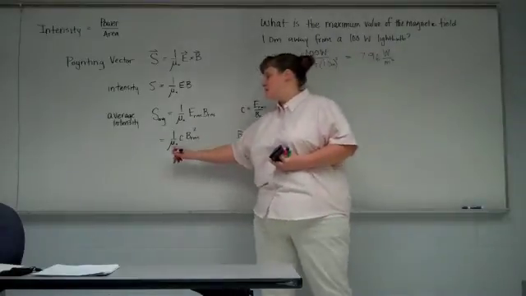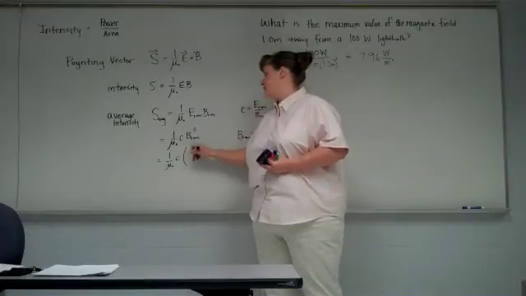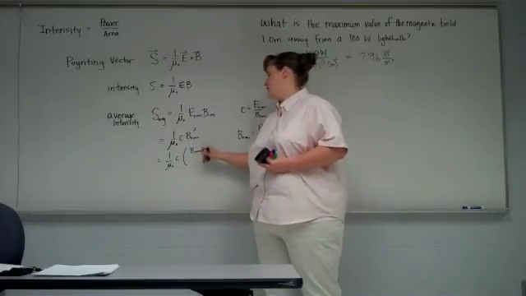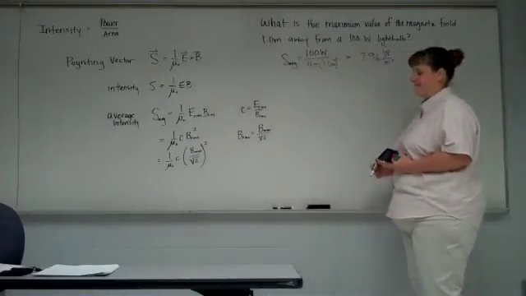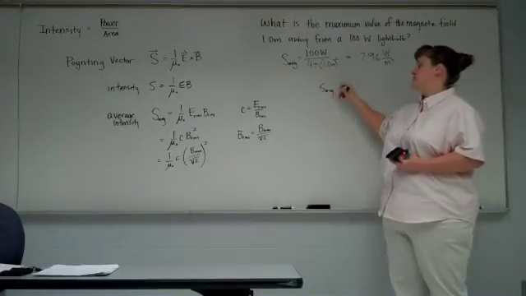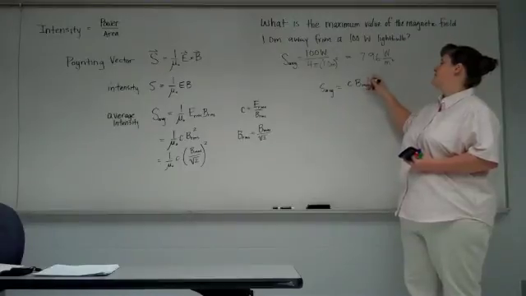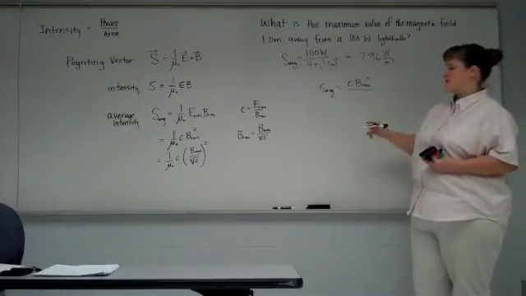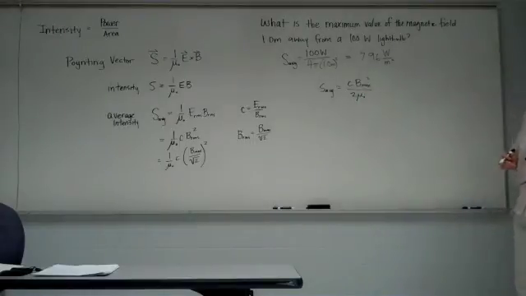So if we put that in here, basically we find that S average is equal to c times B max squared over 2 mu naught. When we square the square root of 2, we're going to get 2, and we still have our mu naught. So that's our average intensity written in terms of the maximum magnetic field.